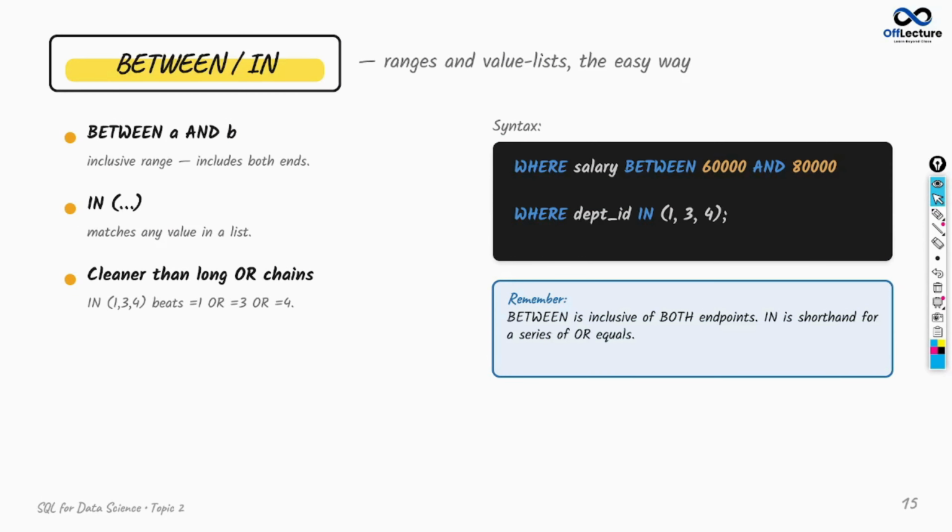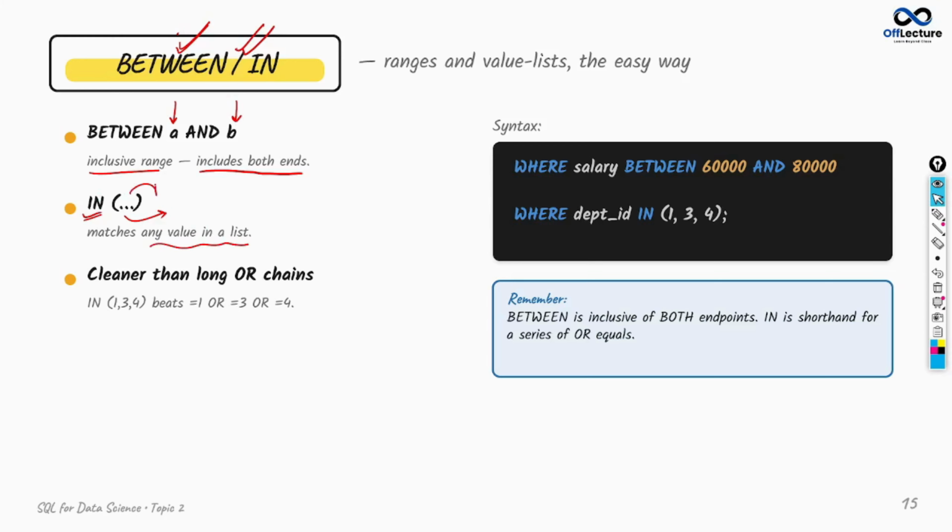These two operators are used to make filtering cleaner. BETWEEN A and B matches an inclusive range, and it includes both the ends. That is, it will include this also and it will include this also. Then IN is a clause followed by a list in parentheses and matches any value in that list.